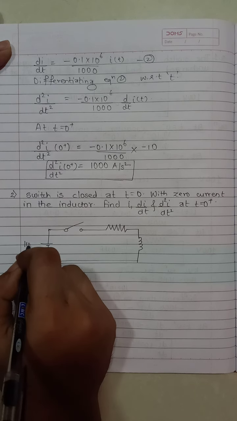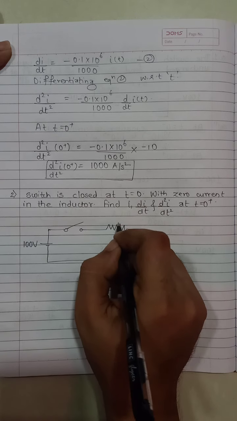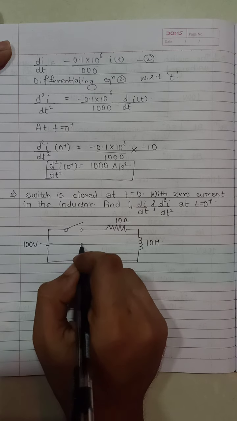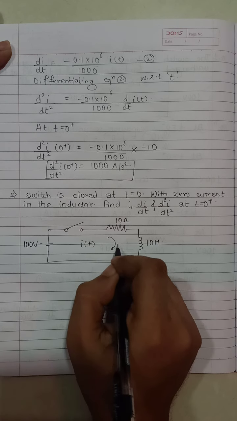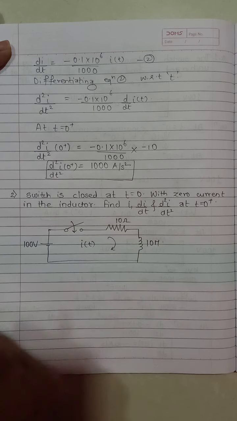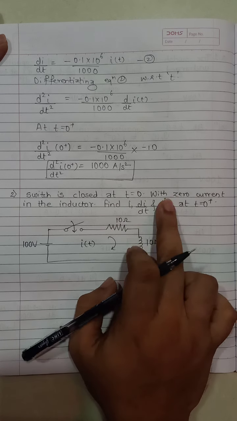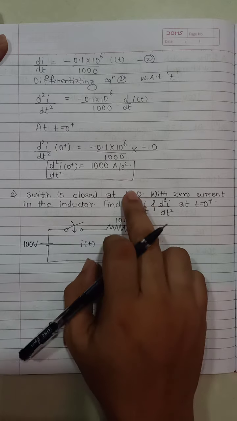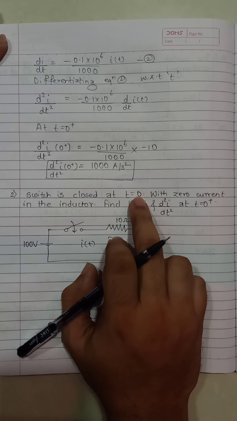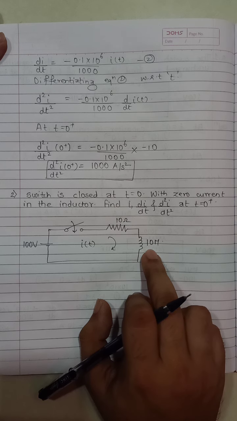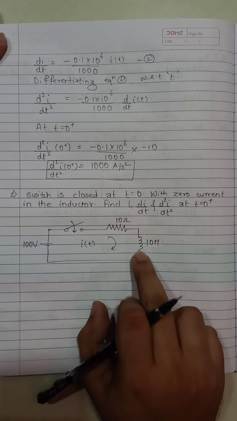This is say 100 volts, 10 ohms, this is 10 henry, and i of t. In this case, the switch is closed at t equal to 0 with 0 current. That means before the switch is closed, there is no current through the inductor. So at t equal to 0 minus there will be no current flowing through this.